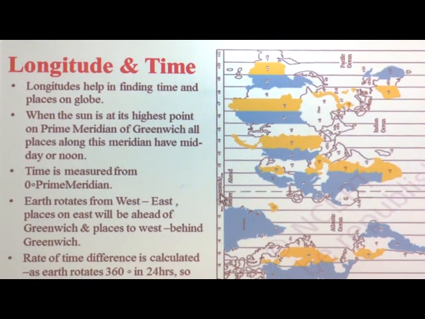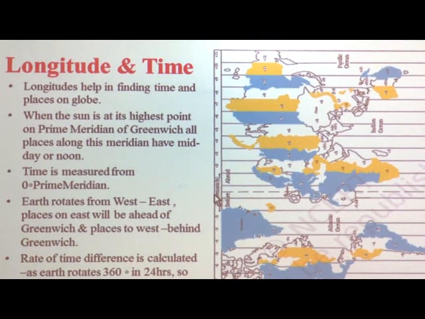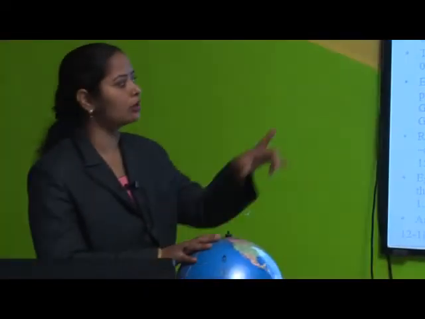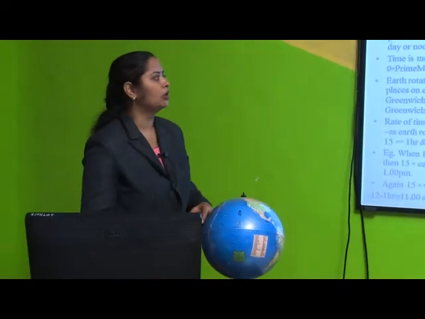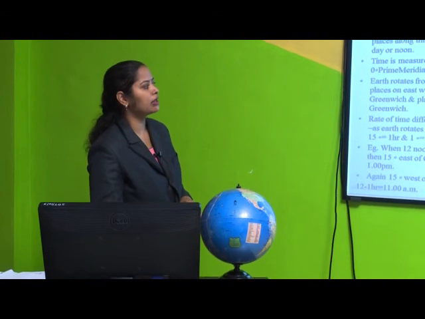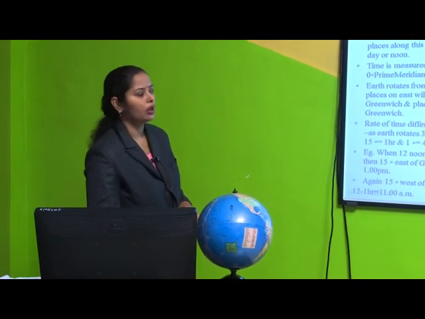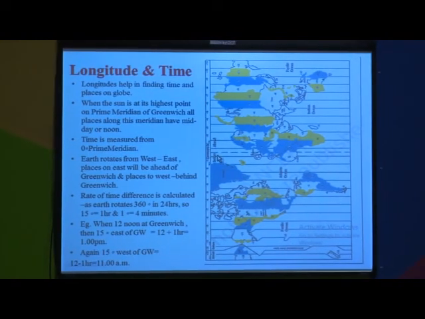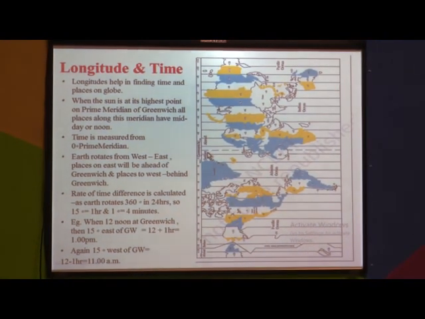So as on the globe, how I have shown you, this is 0 degree Greenwich, the prime meridian. The same thing they have displayed on the flat surface. Let us assume this line is our Greenwich. Understood? This is the 0 degree prime meridian. It is on Greenwich, that is in London.